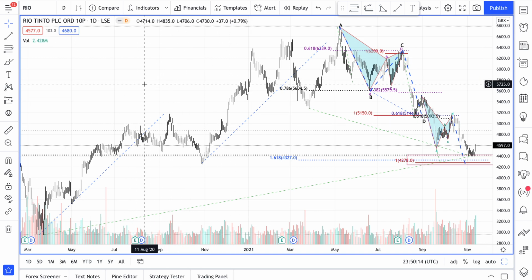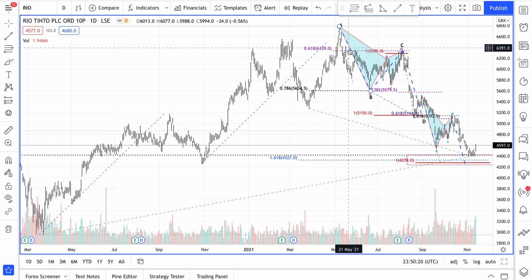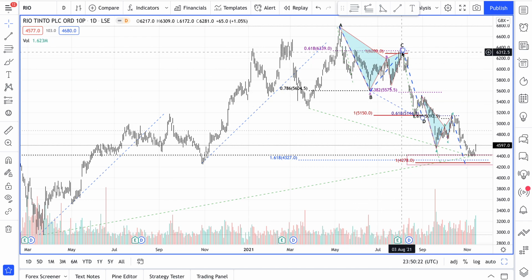Now, something very interesting happened recently. Since May, the price of the stock has been coming down.